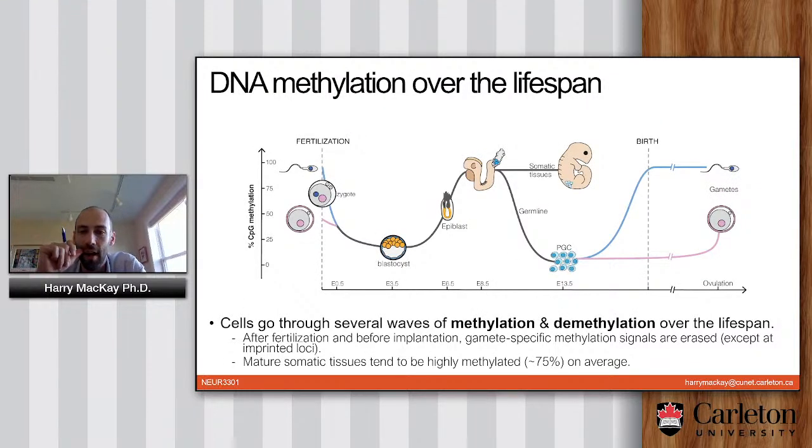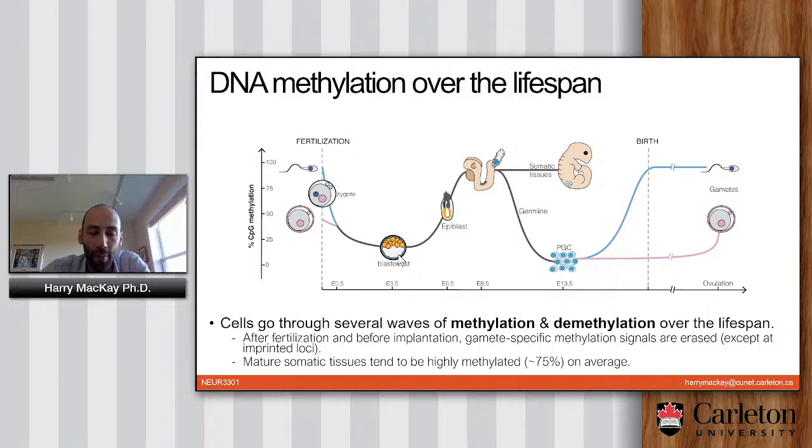So this is a diagram of how that looks in practice. Beginning with your life, immediately following conception, you're a zygote. And by the time you reach the blastocyst stage, your somatic cells have very low levels of methylation, less than 25% on average.